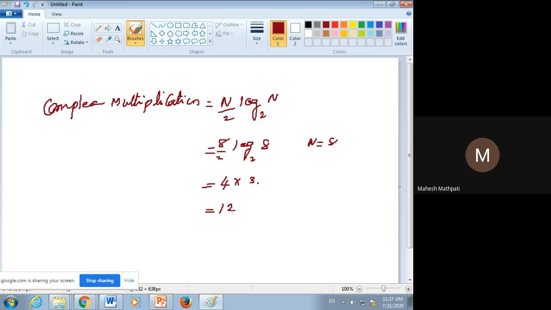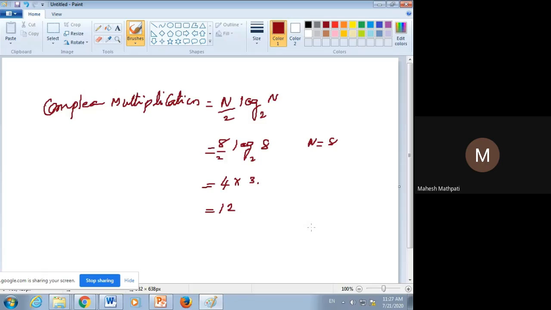Right? Yes, sir. Now if you look at the DFT, how many complex multiplications are required for calculating 8-point DFT? The number of complex multiplications required for calculating DFT using the direct formula, what is the value there?